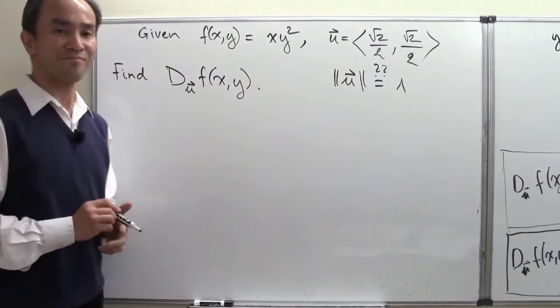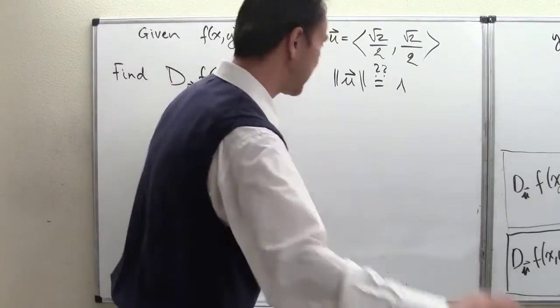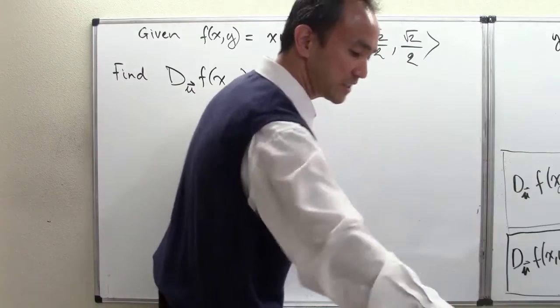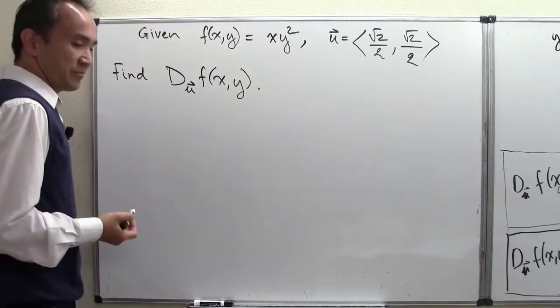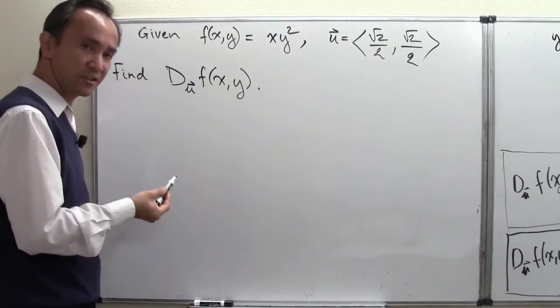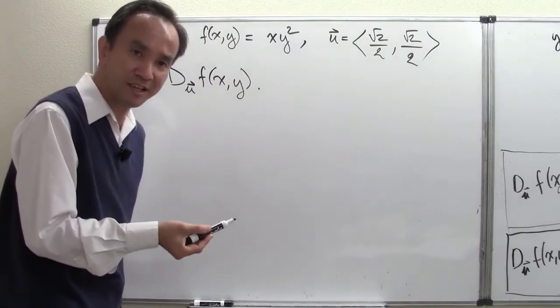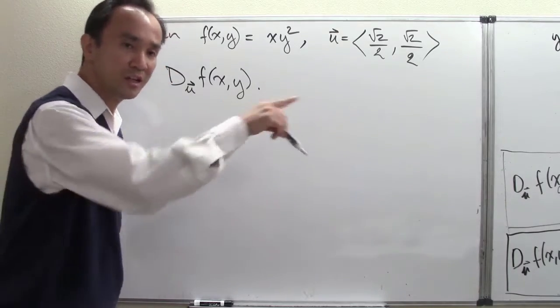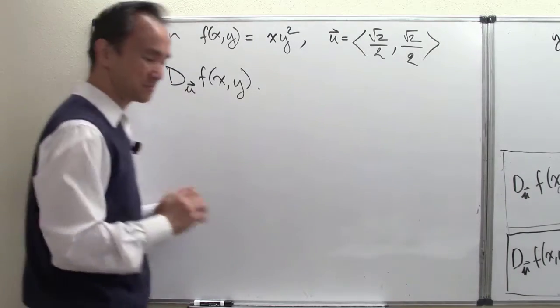Now I need as much space on the board as I can, so I'm going to erase all of these extra details right here. So here's the work. Like I said earlier, this is probably the only problem throughout the lesson where I am going to go through the limit process.